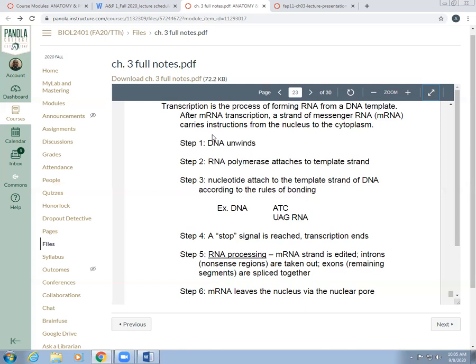Step 6, your mRNA is going to leave the nucleus via the nuclear pore. So mRNA, once it's been edited, can go through the nuclear pore. Go find a ribosome. So this was one of your potential essay questions. Okay, so you want to make sure you know the steps.